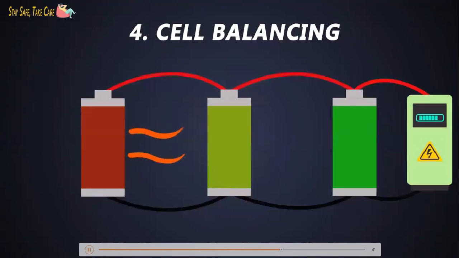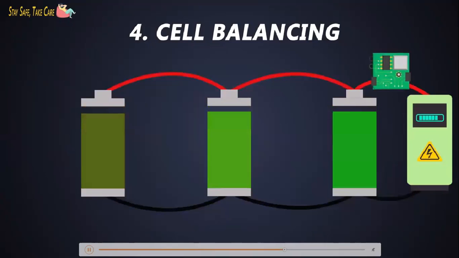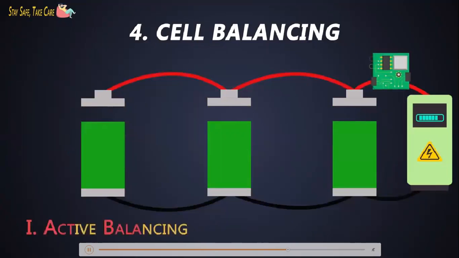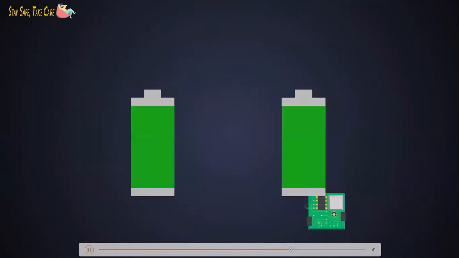During charging, weak cells may get overstressed and become even weaker until they eventually fail, which causes the whole pack to fail prematurely. So to avoid this, the BMS has to provide cell balancing.